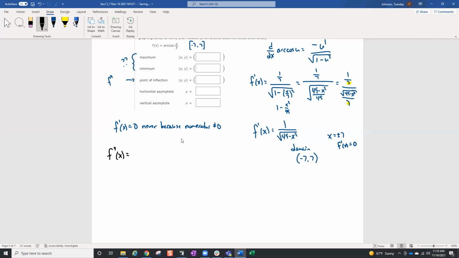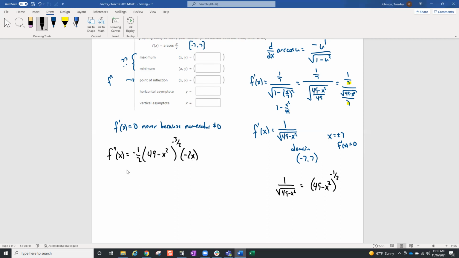The second derivative is, if I write it as 49 minus x squared to the -1/2, I will bring down the exponent, subtract 1, leave the inside alone, and then multiply by the derivative of the inside.